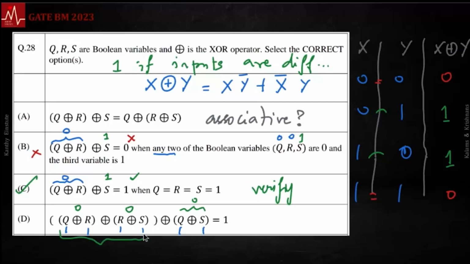Put together, one and zero, that is a zero. We have to compare zero or zero. It cannot be one. I just assumed all of them to be one. It doesn't make sense. I just verified for this special case, Q equals R equals S equals 1, and it did not hold good.